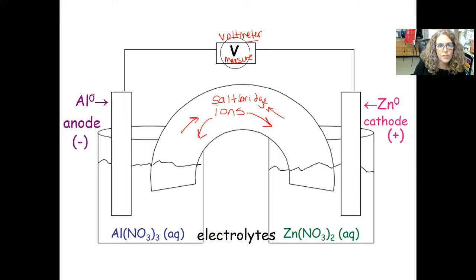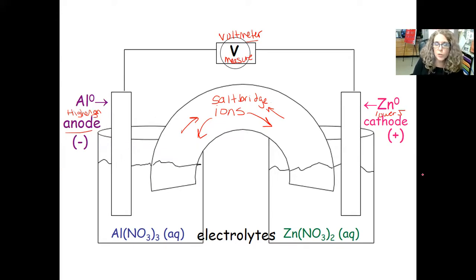So now here we have an electrode, right? We have an aluminum electrode and we have a zinc electrode. So now aluminum is higher on table J. So that's why I have assigned it the anode. Zinc is the lower metal on table J. So I'm just going to write lower J, right?